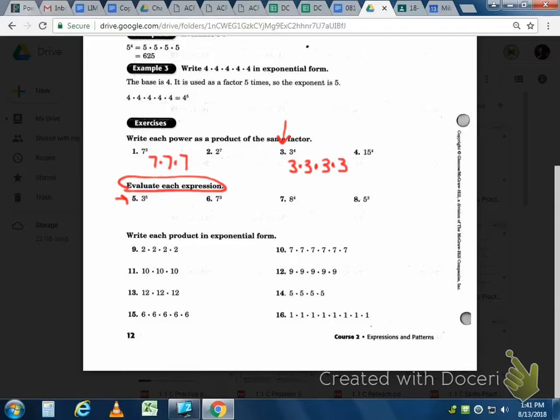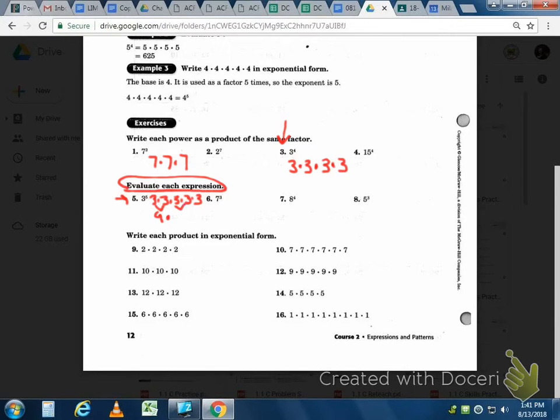Tell me your name. Jacob, what am I going to do? Okay, so I'm going to write that out like that, but then I got to evaluate it. So what should I do? Multiply 3 times 3, which is how much? 9.